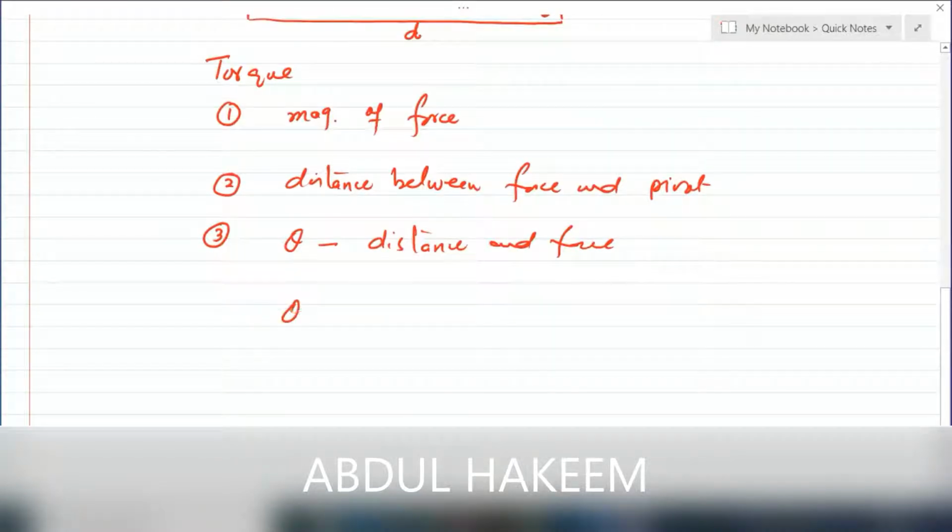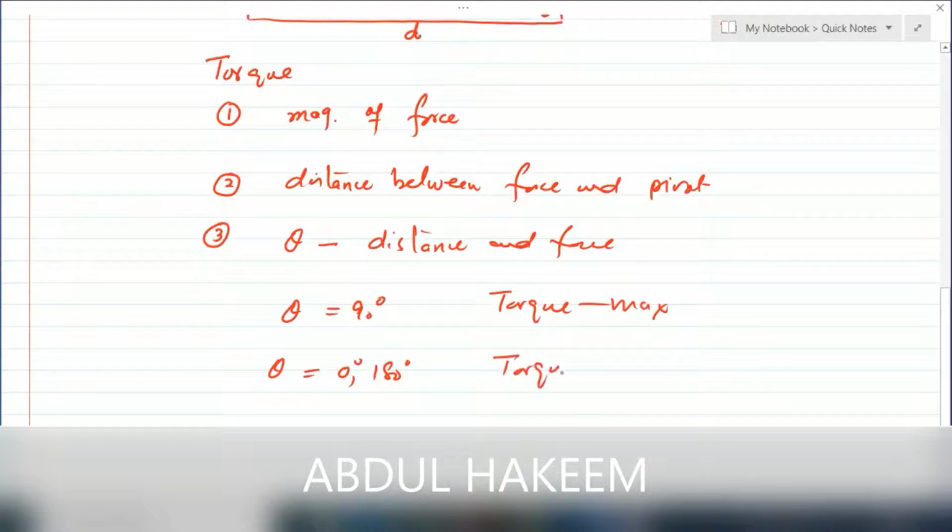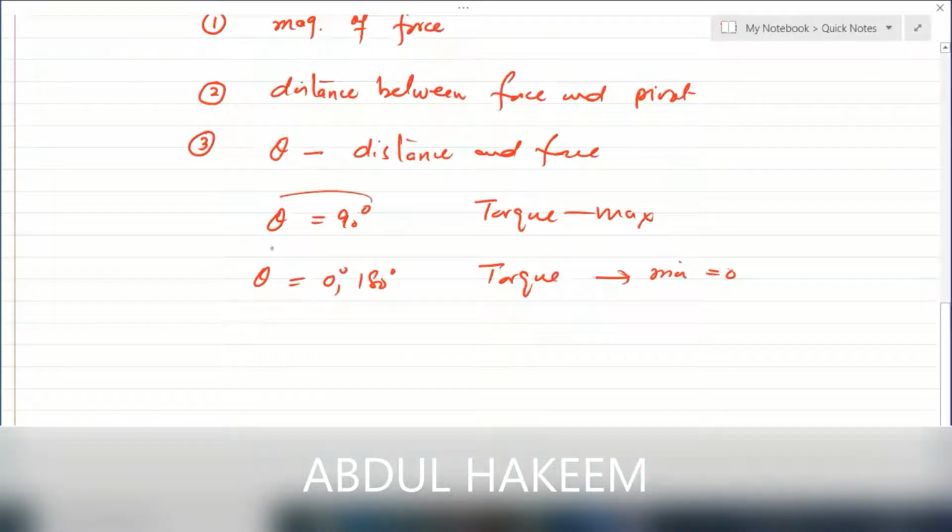When the angle theta is 90 degrees, the torque is maximum. When the angle theta is 0 or 180 degrees, then the torque is minimum, meaning it is 0. So for the perpendicular distance, the torque is maximum.